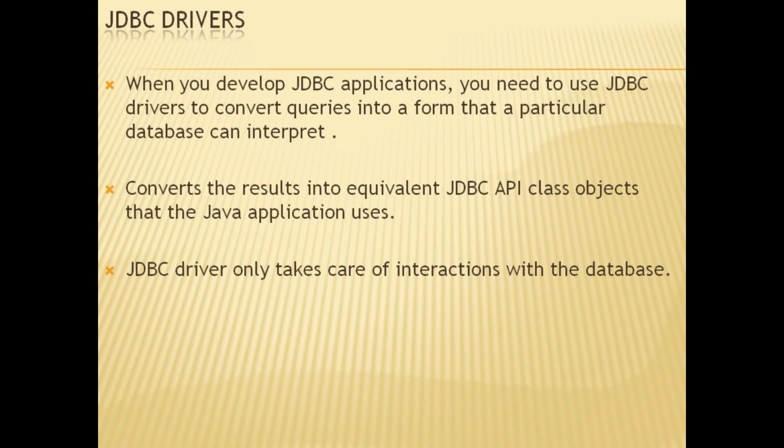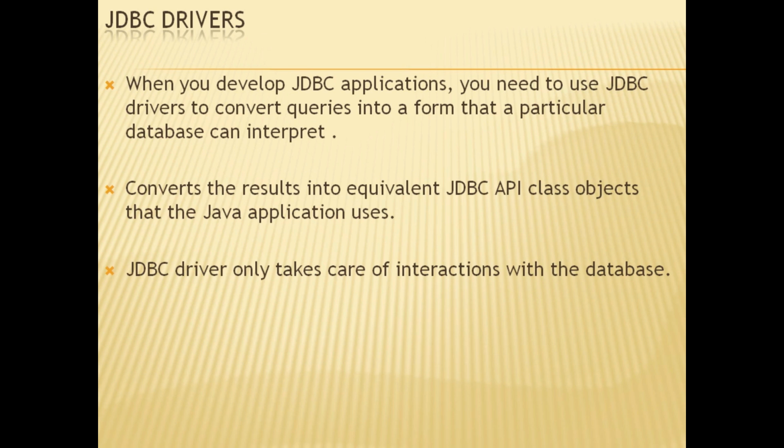ODBC stands for Open Database Connectivity. As for the different components in the JDBC architecture, you have to tell two layers: the JDBC application layer and the JDBC driver layer.